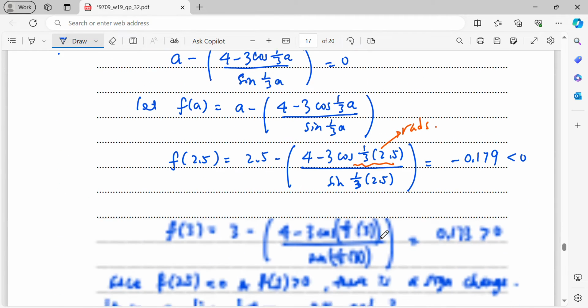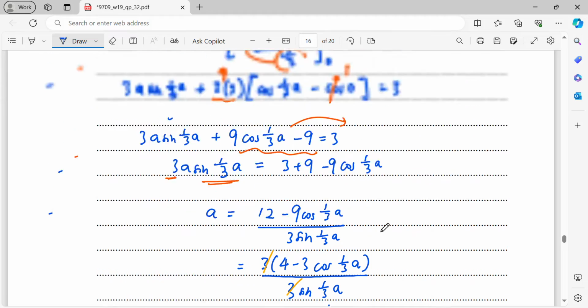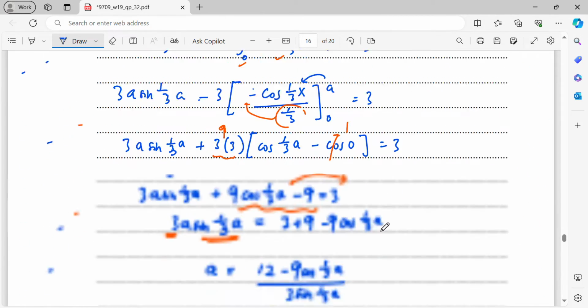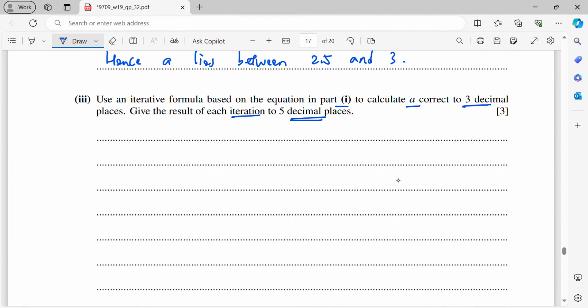So I will get a(n+1) equals to 4 minus 3 cos 1 over 3a(n) over sine 1 over 3a(n).